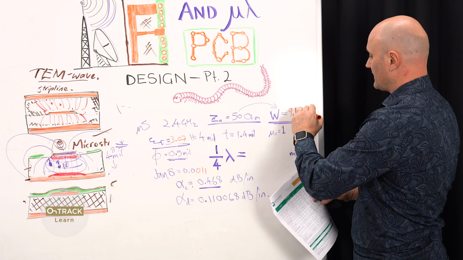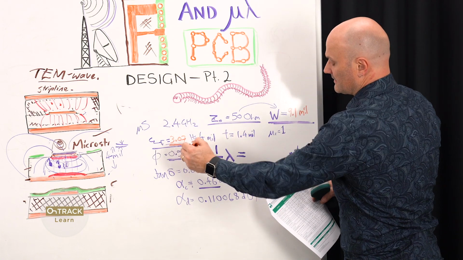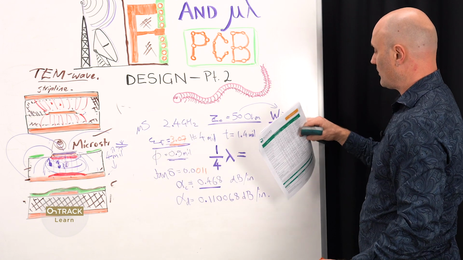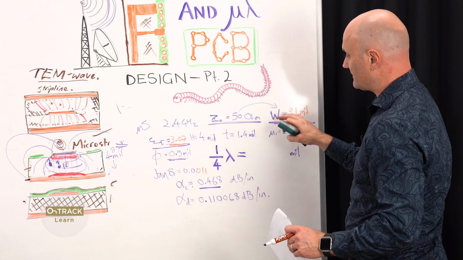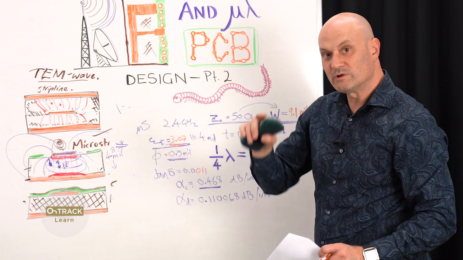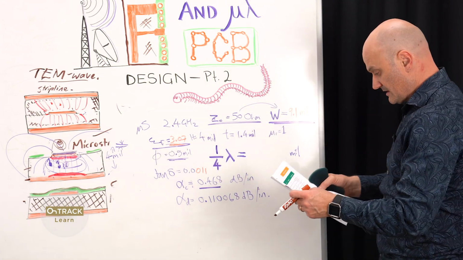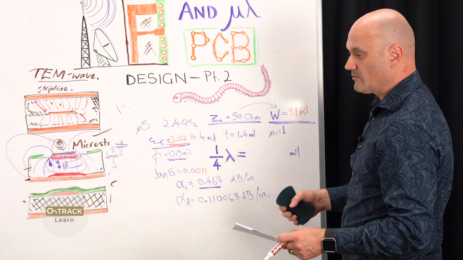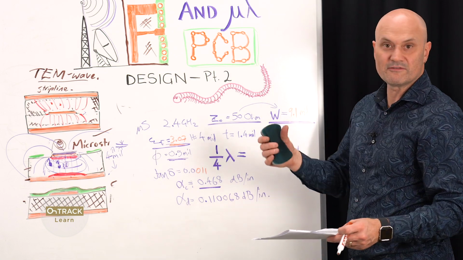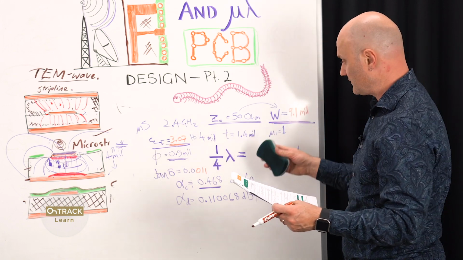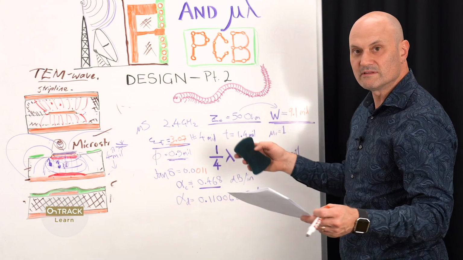We need a wider trace because of the lower E sub r. So the lower E sub r goes, the wider your trace is. So to get a 50 ohm trace with E sub r of 1, which is air or vacuum, you need a much wider trace. This is also typically why air-based antennas have a higher impedance than 50 ohms, and we need to have balance and things to match them.